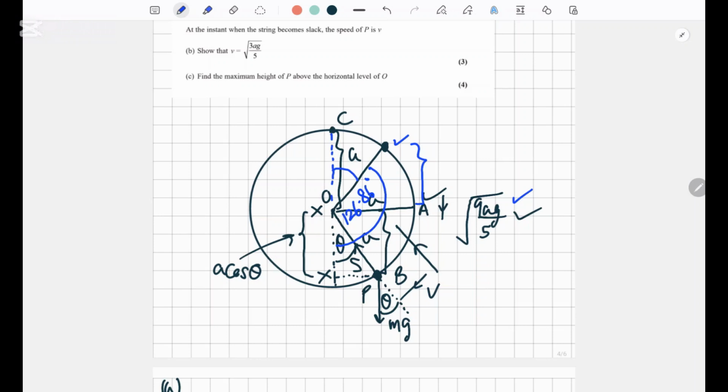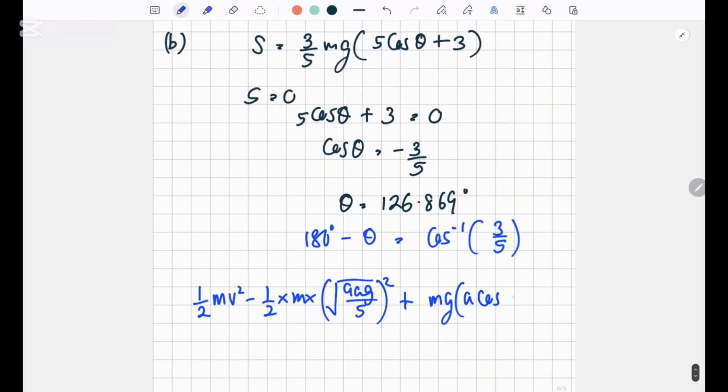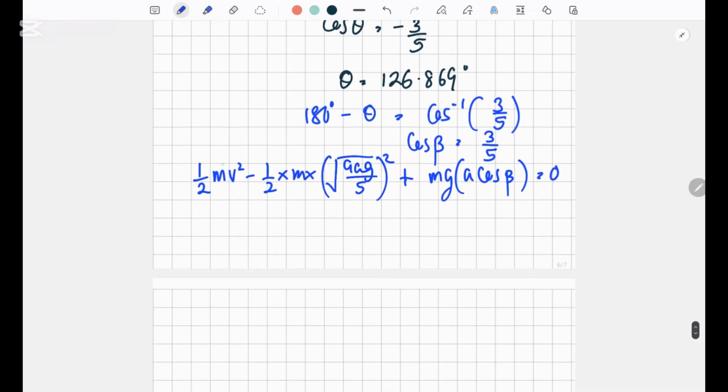So that height is a cos, we call it beta, a cos beta, equals 0, and cos beta is 3 over 5, right? So now I'm going to cancel out m and multiply everything with 2. Plus 2ag cos beta, which is 3 over 5, equals 0.